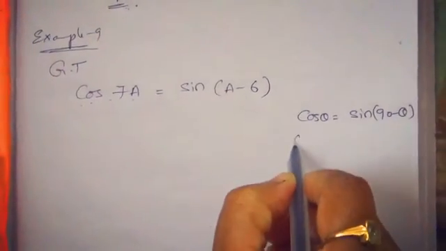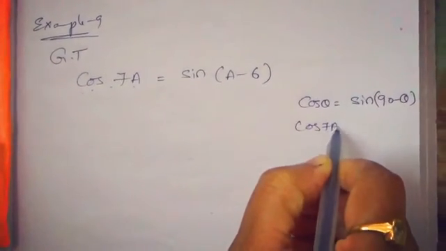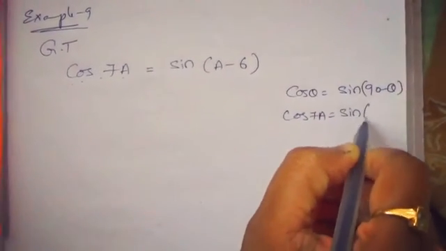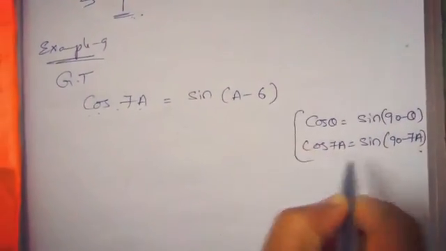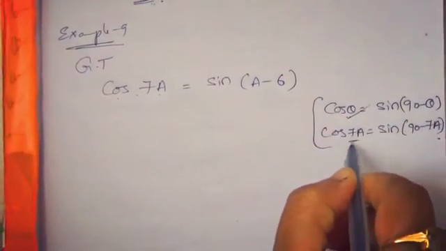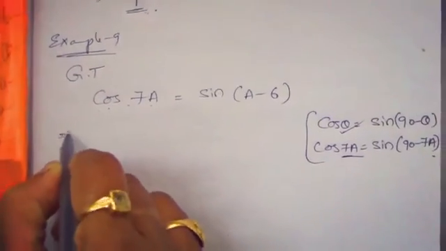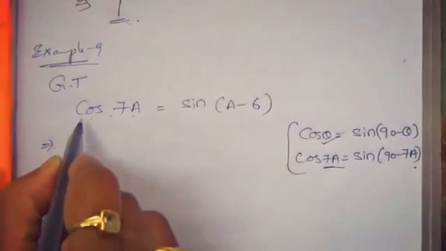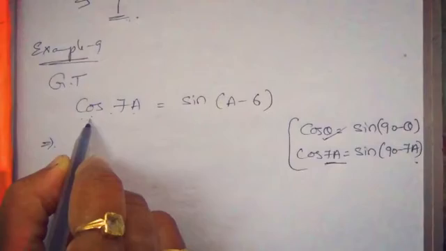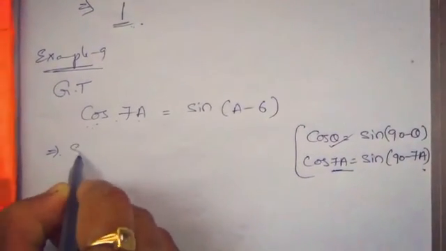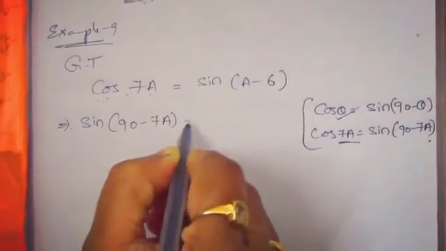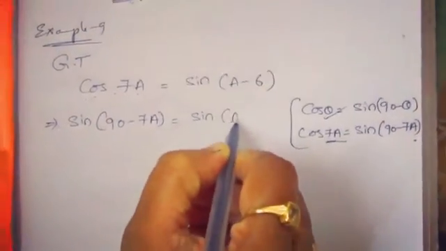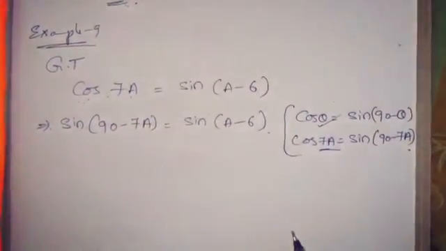Just like that, cos 7A, how can we write this? Sin of 90 minus 7A. Is it okay? So I am changing this formula like this. According to this formula, I can write cos 7A as sin of 90 minus 7A is equal to sin of A minus 6.